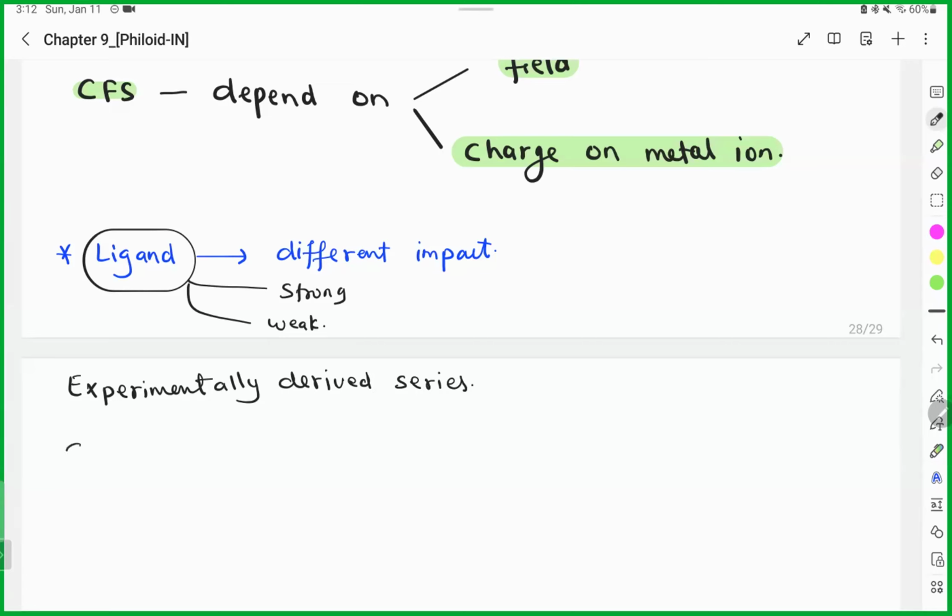For example, carbon monoxide is a strong ligand, the strongest ligand. If this ligand is there, it will cause pairing. Why? It's like a relative enemy. You can assume it like that.